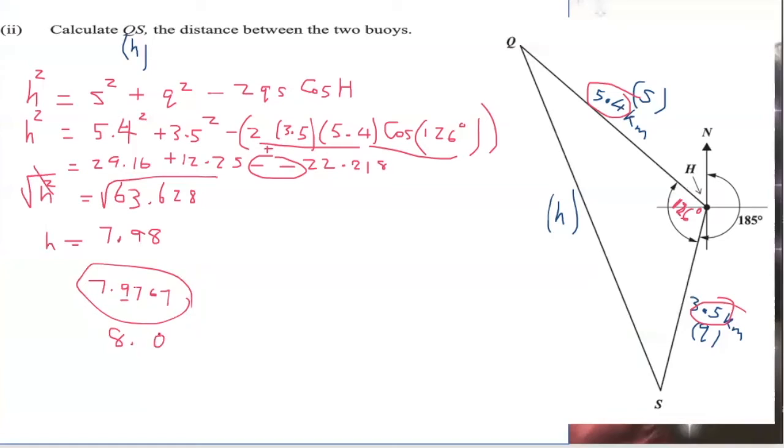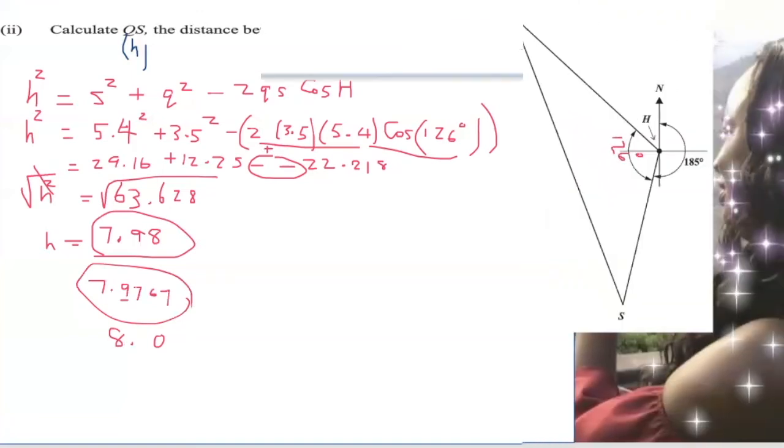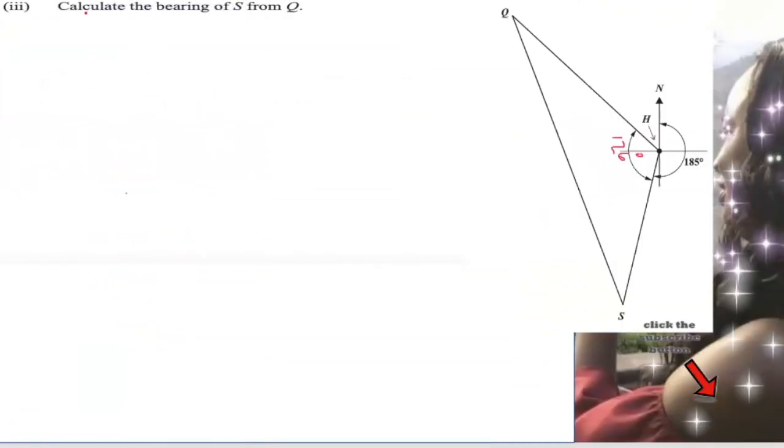So we could have used 8.0, but my decision is just to use 2 decimal places since the two sides we have have a decimal point. So choosing 2 decimal places, my answer is 7.98.